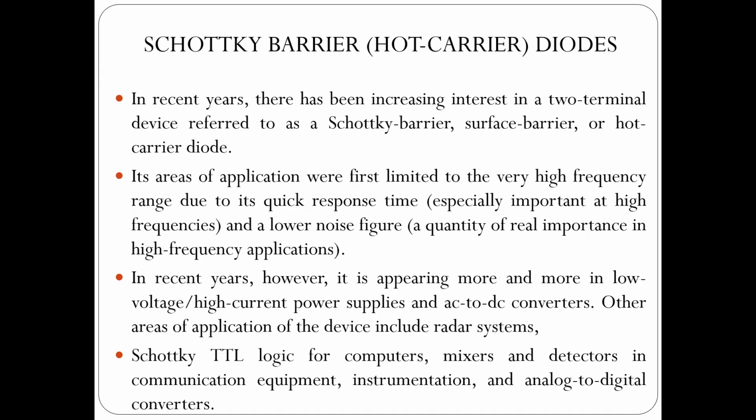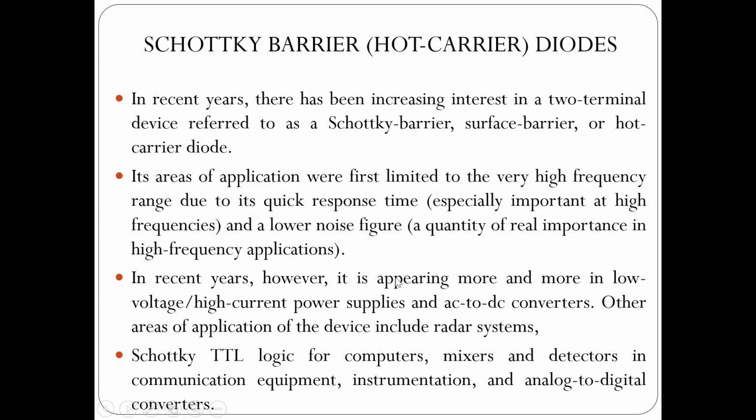Next one, Schottky barrier and hot carrier diodes. In recent years there has been increasing interest in a two-terminal device referred to as the Schottky barrier, surface barrier or hot carrier diode. Its area of application was first limited to the very high frequency range due to its quick response time, especially important at high frequencies, and lower noise.